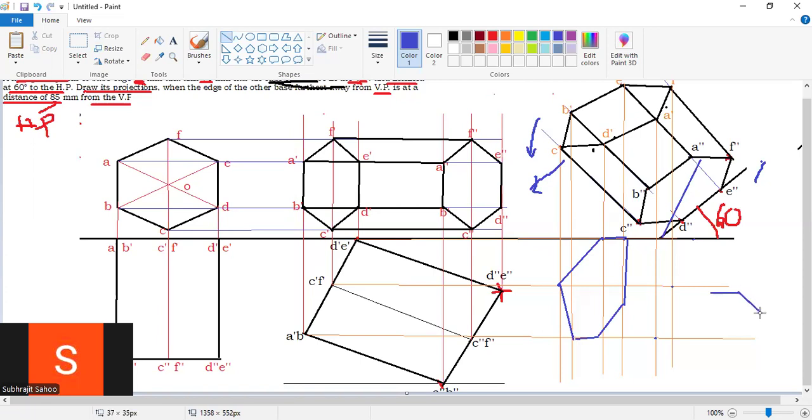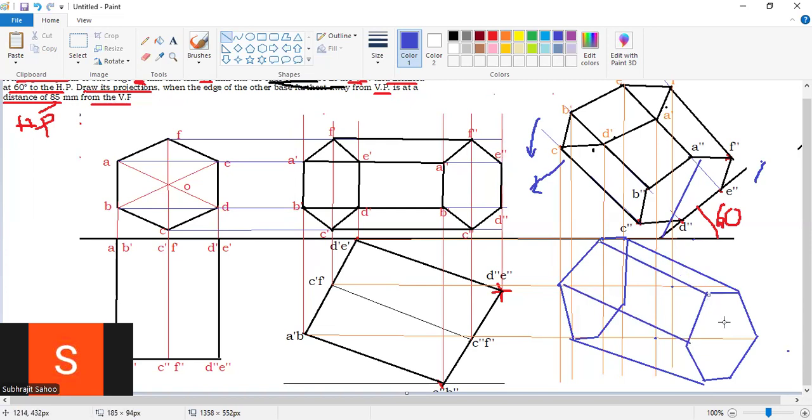Some intersection points you need to find out, and you need to join like this. Then you have to join here to here, then here to here, here to here. Okay, this is how the diagram will come.